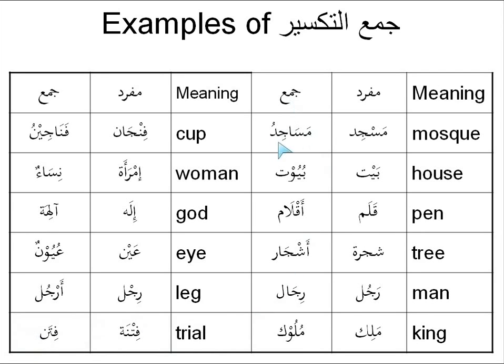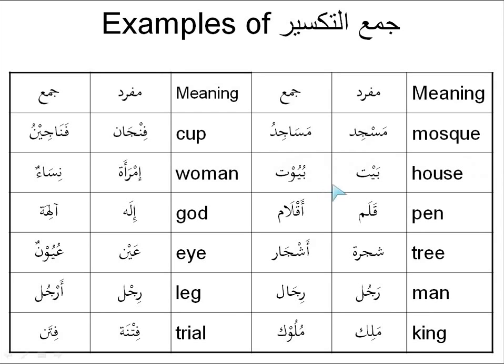So these are all examples of mamnu' min as-sarf, jam'u taksir words, and you can see there's a whole huge variety of patterns and ways of forming the jam'u taksir. There are complicated rules that tell you which type of words tend to form which types of plurals, but rather than memorizing them, it's probably much easier to memorize the actual singular, and whenever you memorize a singular noun, try and memorize the plural noun.